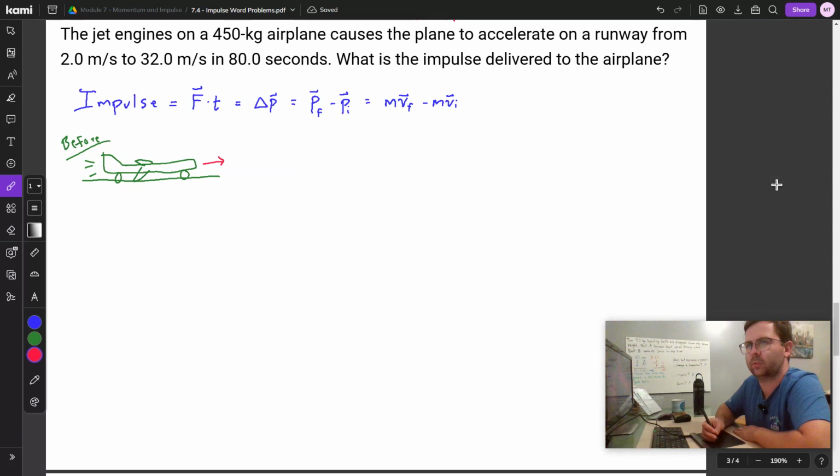So at the beginning, it said it was going 2.0 meters per second. All right, and then I'll draw my after picture. Okay, so now it's moving a lot faster. Okay, and the speed is now 32.0 meters per second.